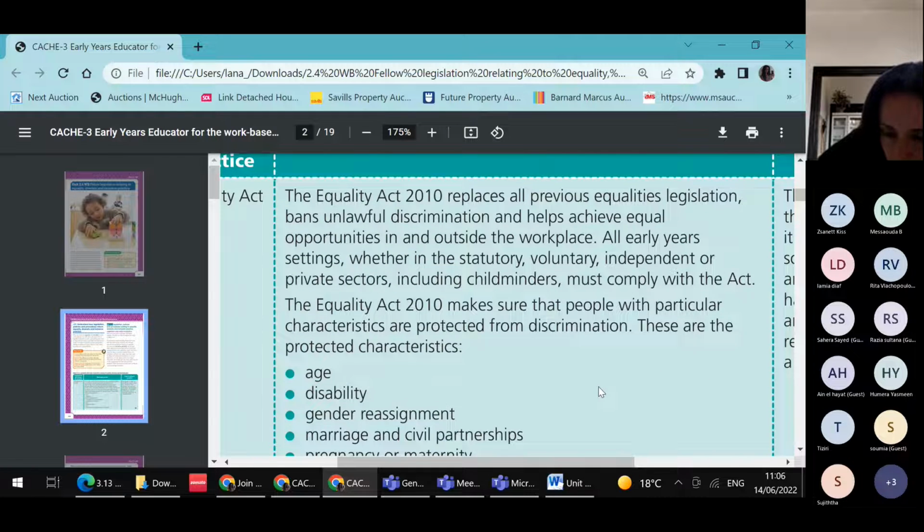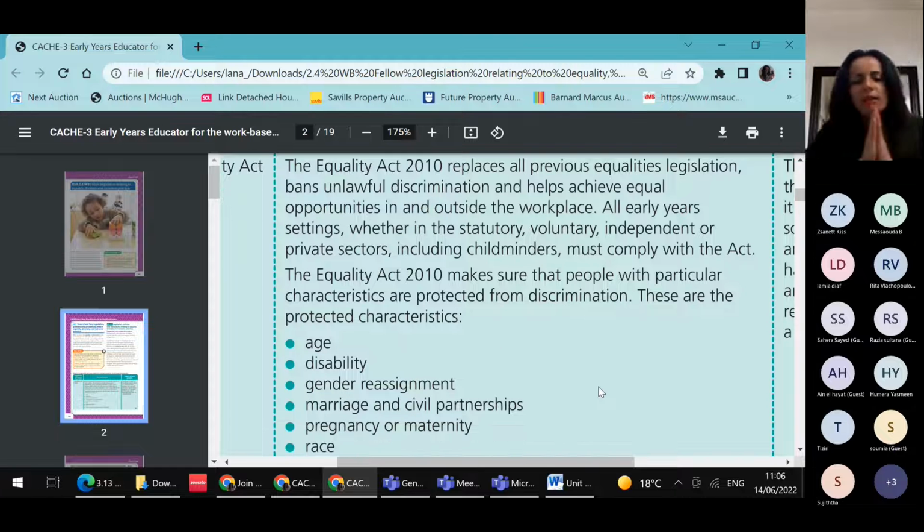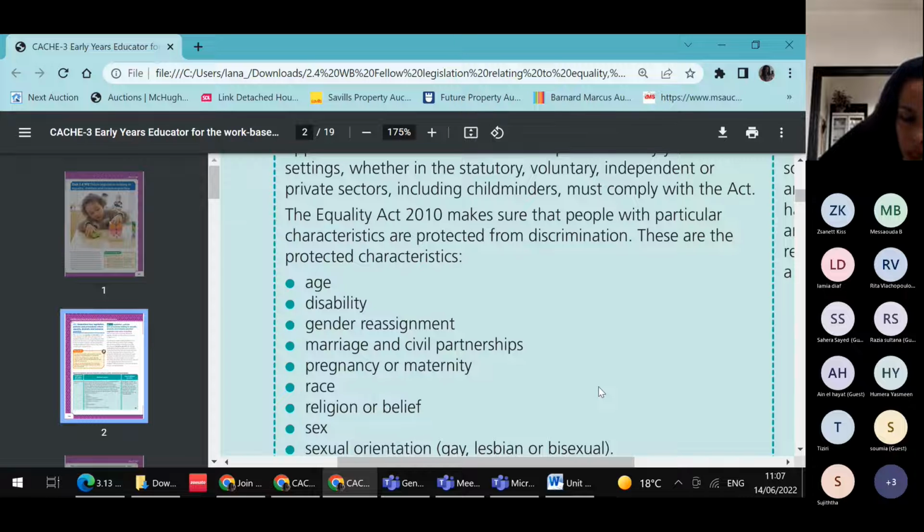How does that happen? Because we need to protect and give all the children the same opportunity, no matter their age, their disability, their gender, and even for staff, if they are married, on civil partnership, pregnancy, maternity leave.